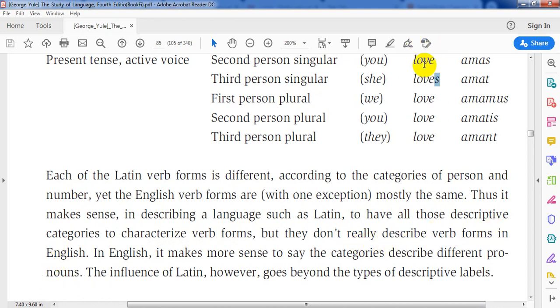So they are not suitable. It's different in other languages, but in English we have the same form. So it makes more sense to say those categories describe different forms of pronouns.